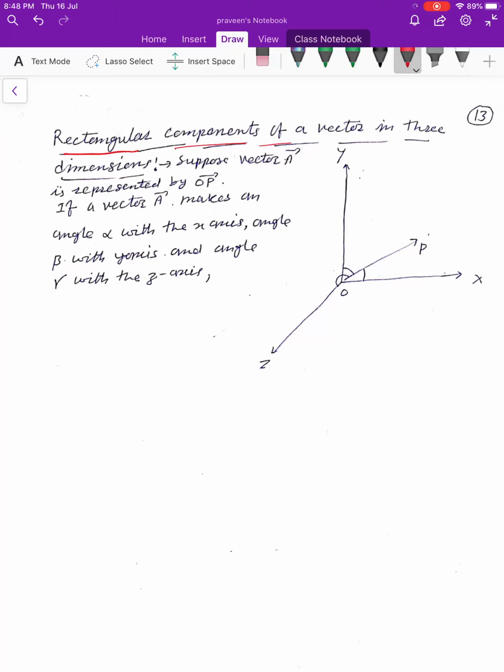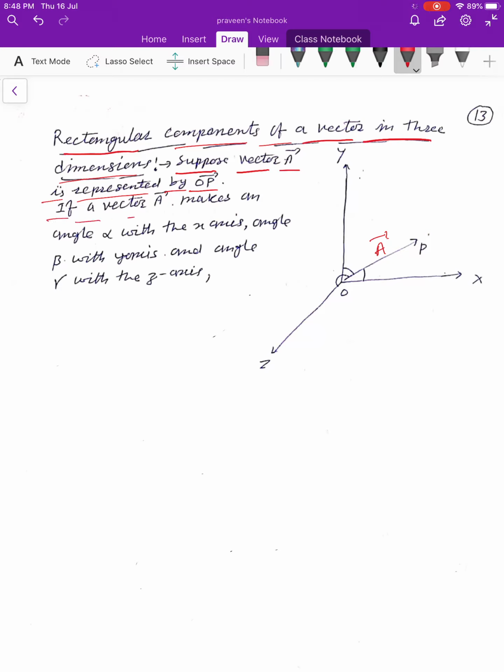Next, rectangular components of a vector in 3 dimensions. Suppose vector A is represented by vector OP. Here in the diagram OP is a vector.